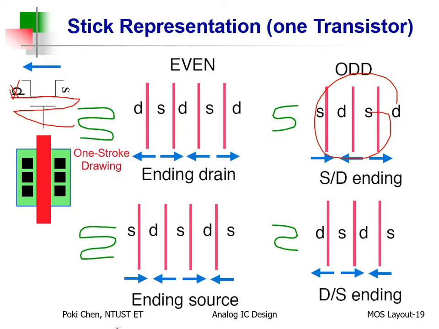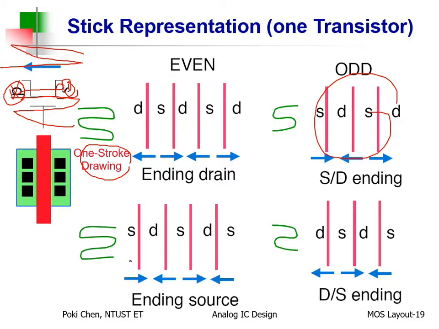After 3 segments, or an odd number of segments stacked, the node will go from this to the other side. If you start from source, 1, 2, 3, after layout it will go to drain. Got it? That is the key point for such one-stroke drawing.